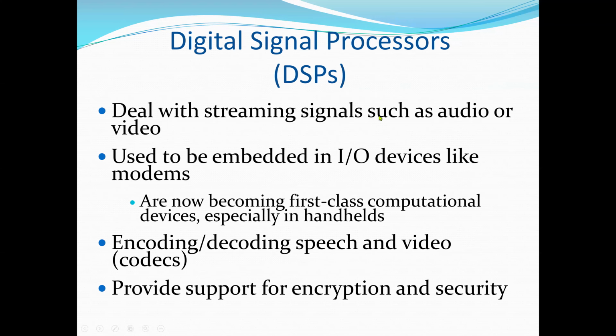They used to be embedded in input and output devices, for example modems, but they are also now becoming first-class computational devices, especially in handheld devices, such as tablets and cell phones, etc.